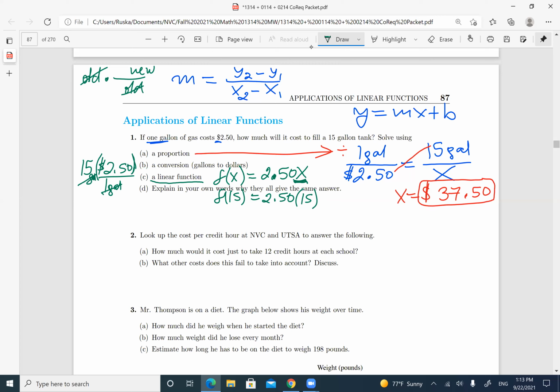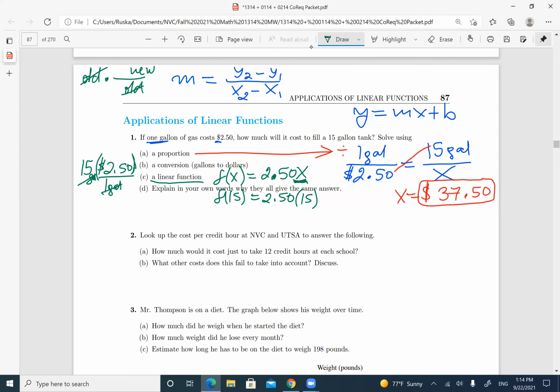So these are the 3 different ways to solve it. Now explain why they all give you the same answer. Any ideas here? Why do you think they give you the same answer?